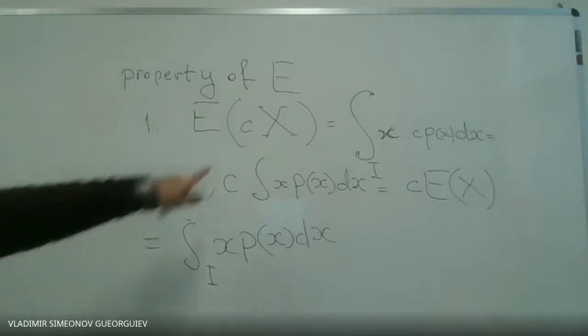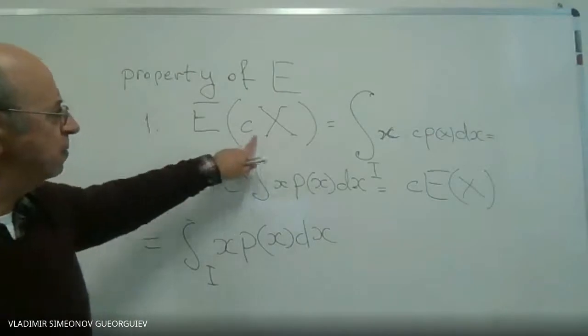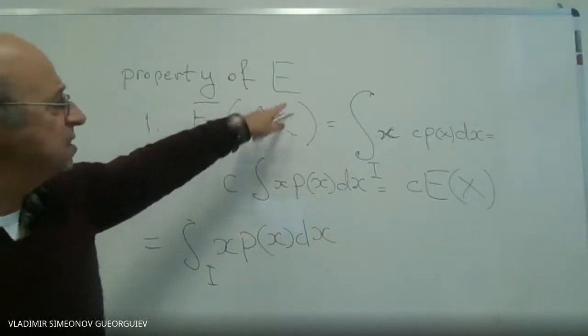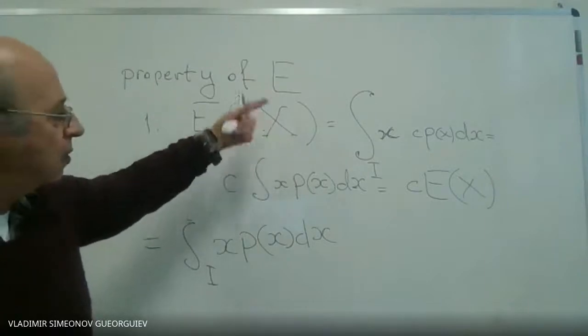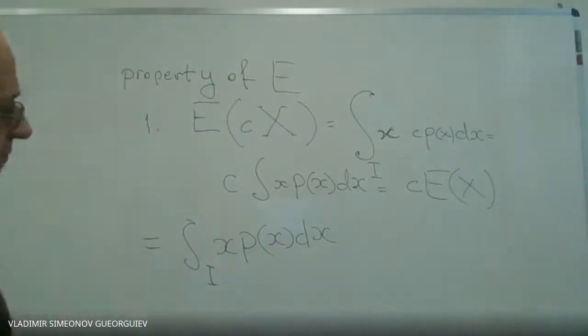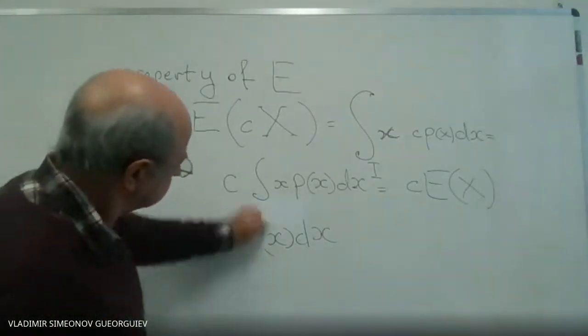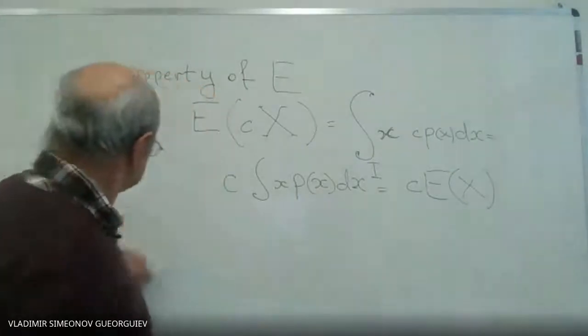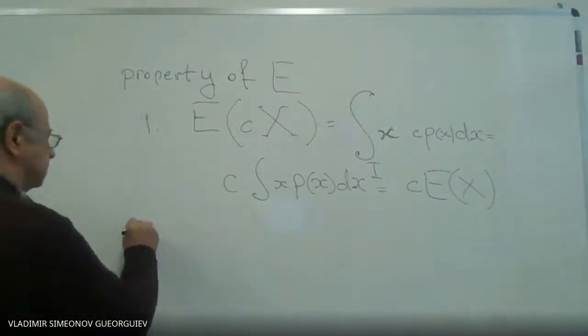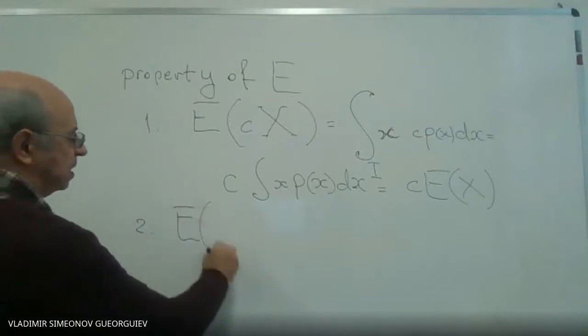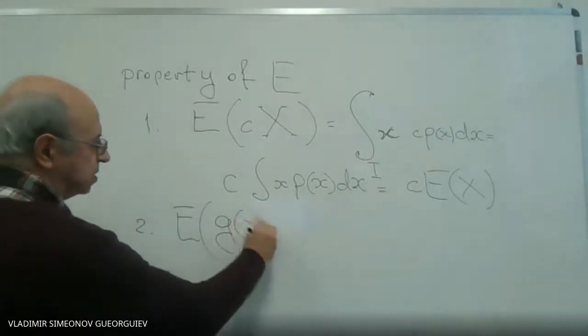Often we shall also use a function of our random variable. For example, x to the power 2, or some function. If you have, for example, the expectation of some function g of your x.